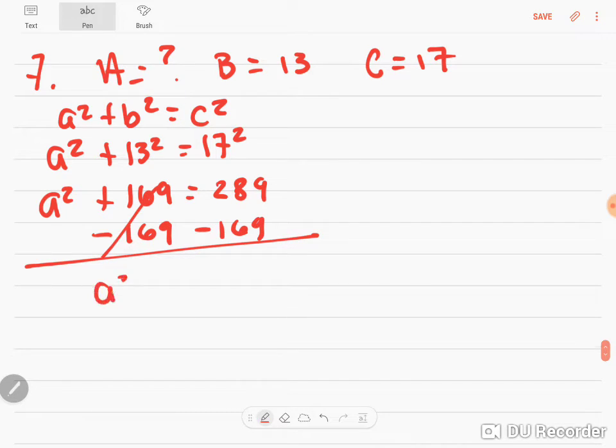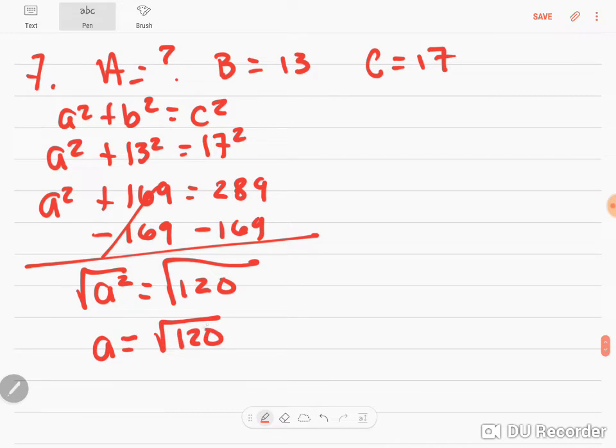Then I have A squared is equal to 120. And then I need to take the square root of both sides to get A by itself. A is equal to the square root of 120.